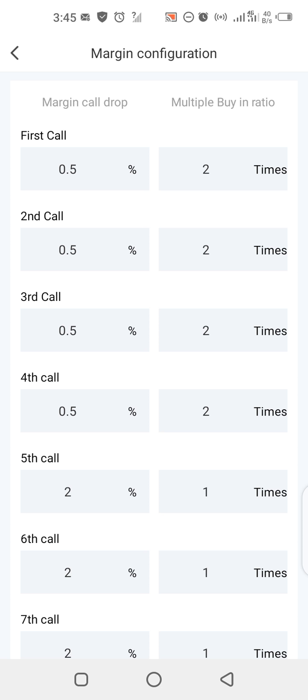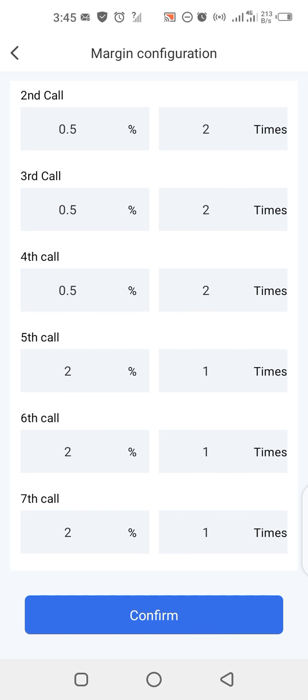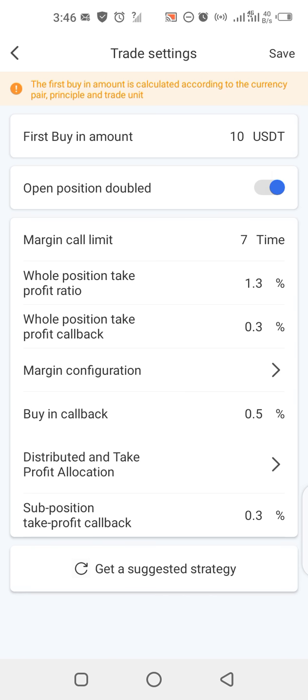But from the 5th, 6th, 7th, they are into what we call the sub-mid mode. Now, I need to explain something to give you a detailed understanding of what I'm trying to talk about.